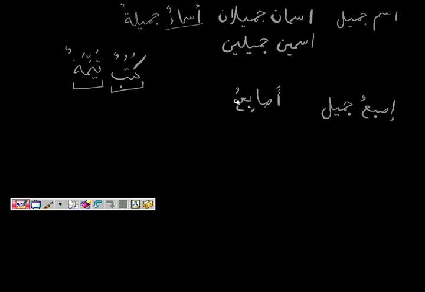Do we have to add the ta marbuta to make it feminine? No, not in the word, but in the adjective you will. So if you want to treat it as feminine, then you will say isba'un jamilatun. And that's correct. But you will also be able to say isba'un jamilun.